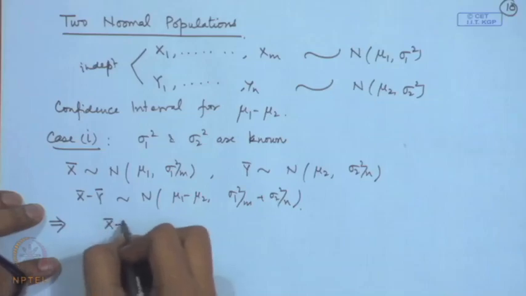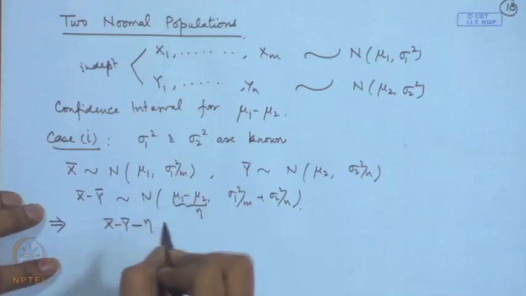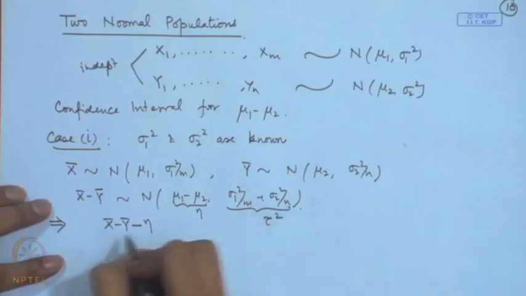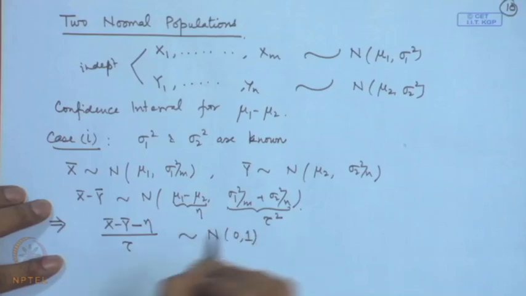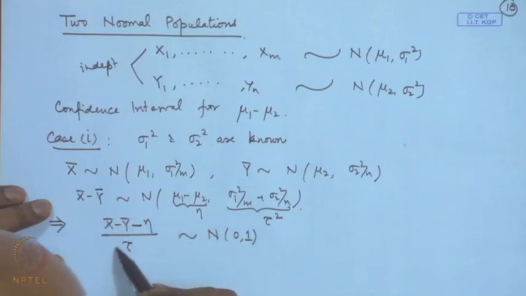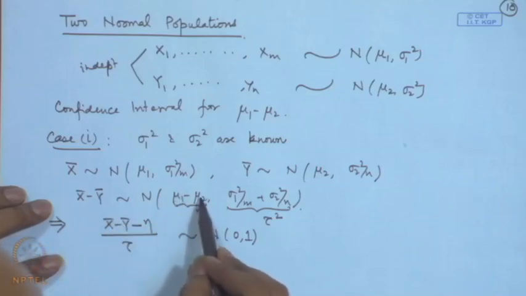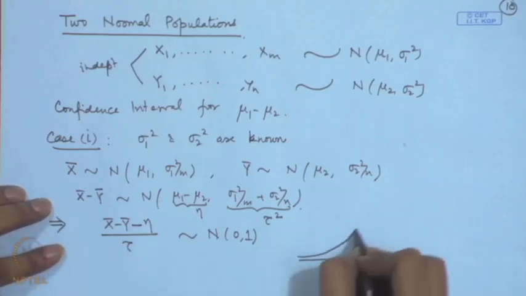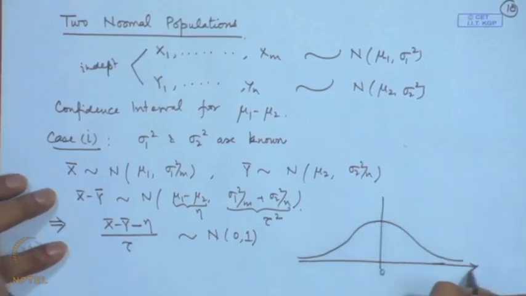Let me denote mu 1 minus mu 2 by eta and the variance by tau square, then x bar minus y bar minus eta, divided by tau, follows normal 0, 1. Note that the denominator here is known. So, these are the sufficient statistics, and eta is the parameter for which we need the confidence interval. So, we can write down the statement once again from the standard normal distribution, which is symmetric about the point 0.